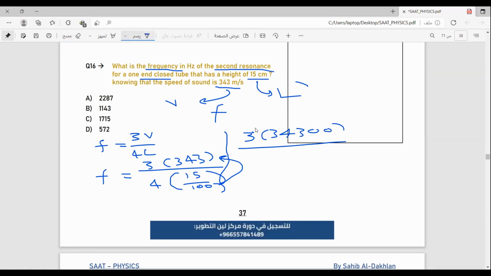It is 60. Yes, 60. Okay. So now 0 is 0, they're gone. Good. And 3 over 6 is 1 over 2. So we will have 3, 4, 3, 0 over 2.